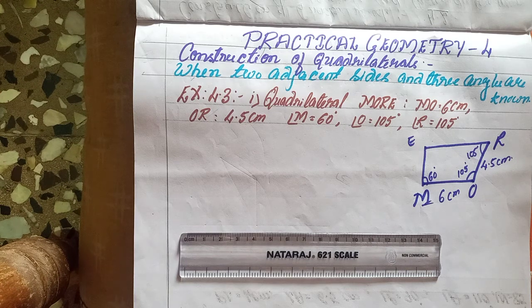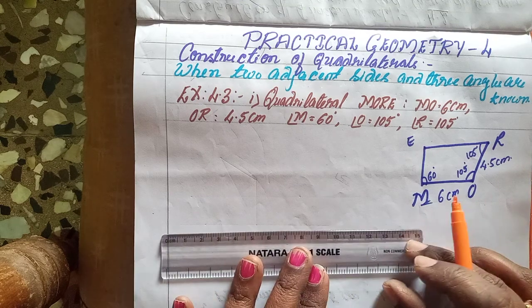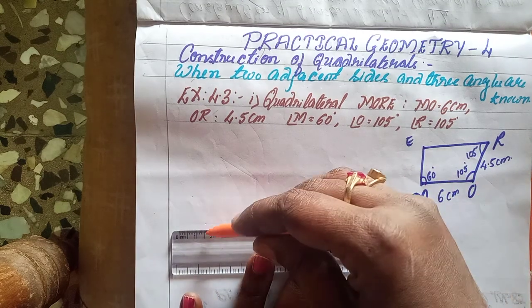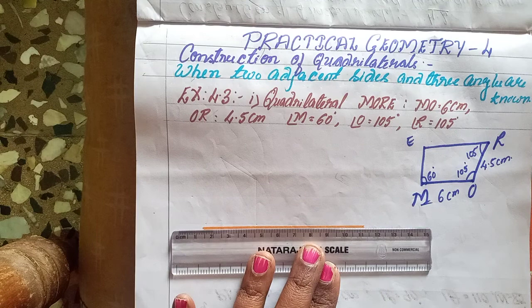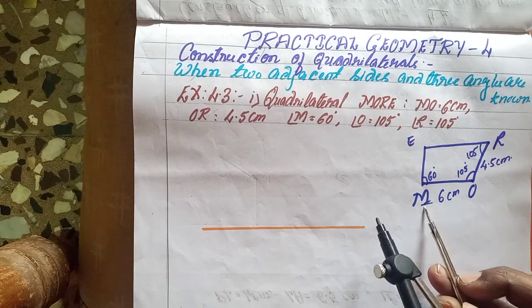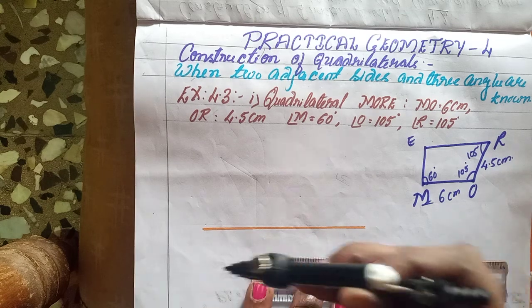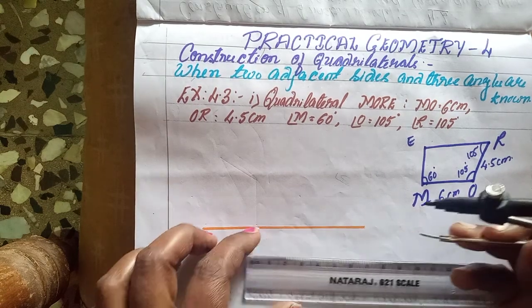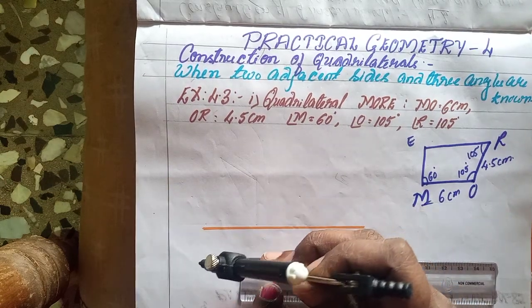Now first draw the base MO. Draw a line and cut off MO equal to 6 centimeter with the help of a scale.